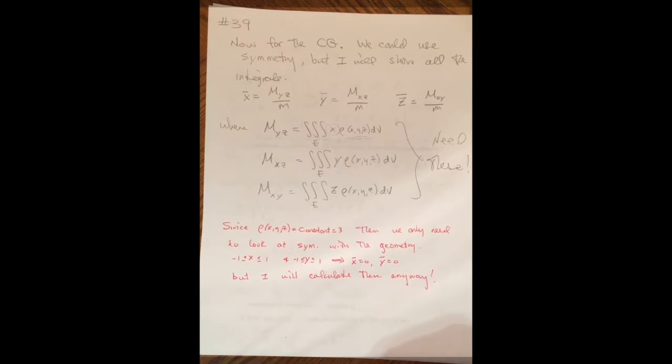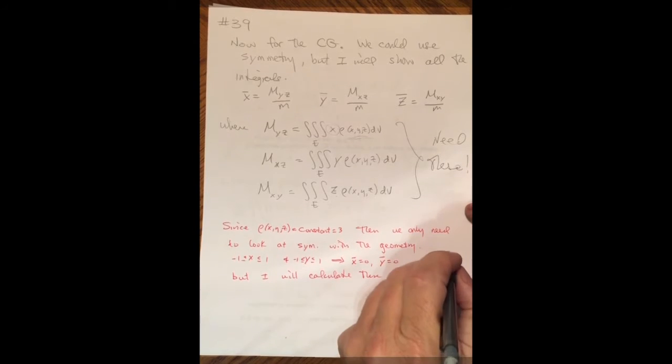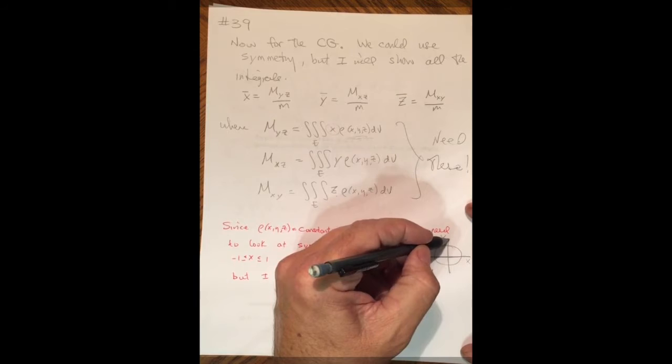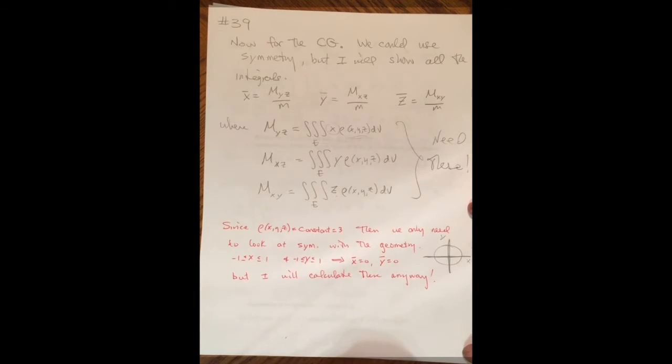We know that the x coordinate for the CG and the y coordinate for the CG are 0. In other words, in the xy plane, you can't have any more symmetry in the world than a circle. So the x coordinate has to be on that axis, the y coordinate has to be on that axis.